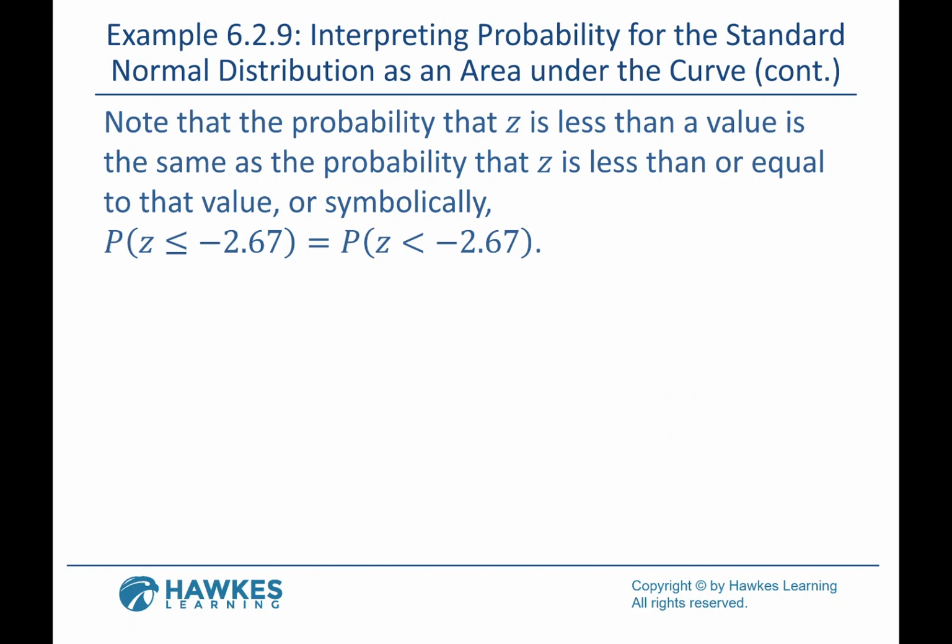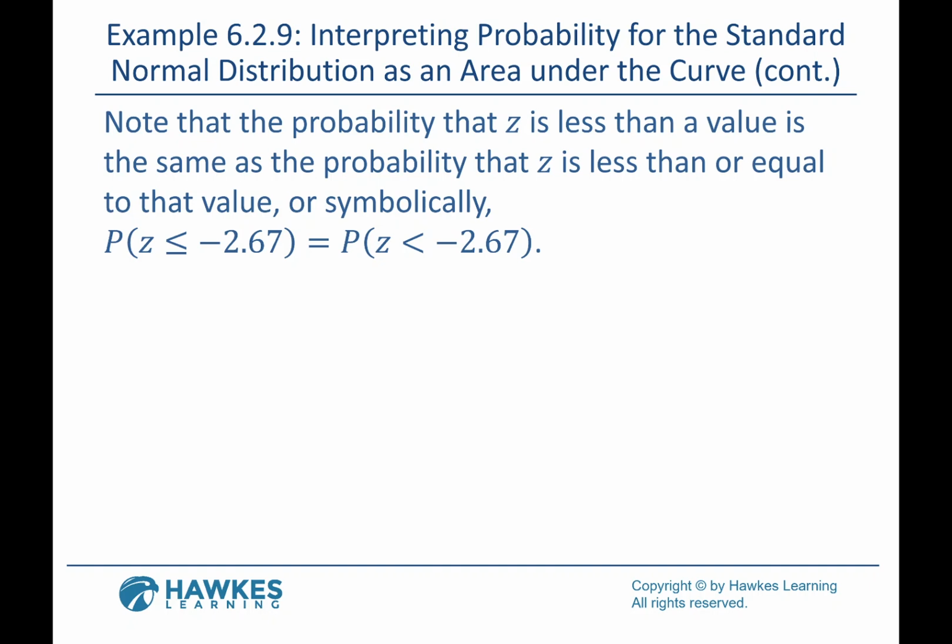Another consequence of moving from discrete data to continuous data is this statement. This thing's really nice for us. What this is saying is that the probability that a variable is less than or equal to some number is exactly the same as the probability that it's strictly less than.